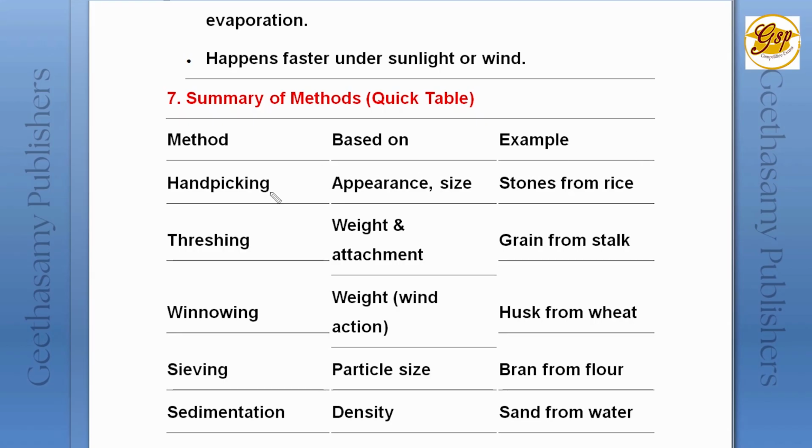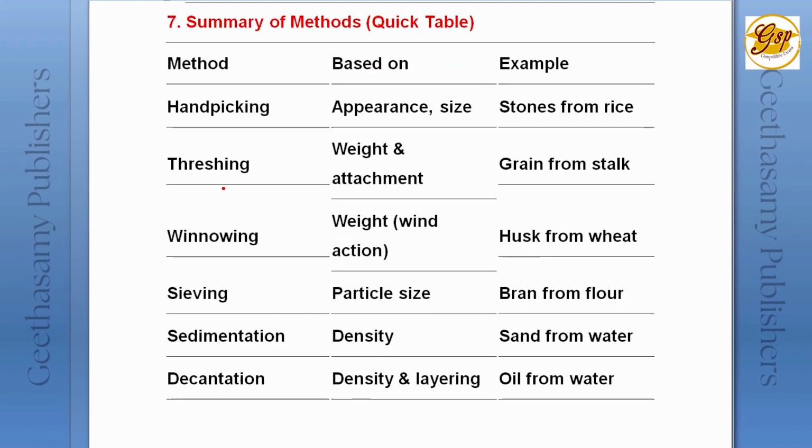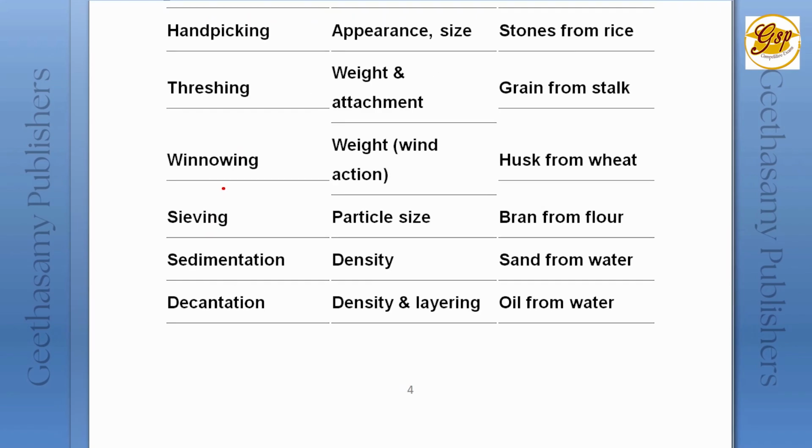Method, basis and example. Hand picking, appearance and size, stones from rice. Threshing, weight and attachment, grains from stalk. Winnowing, weight and wind action, husk from wheat. Sieving, particle size, bran from flour. Sedimentation, density, sand from water.